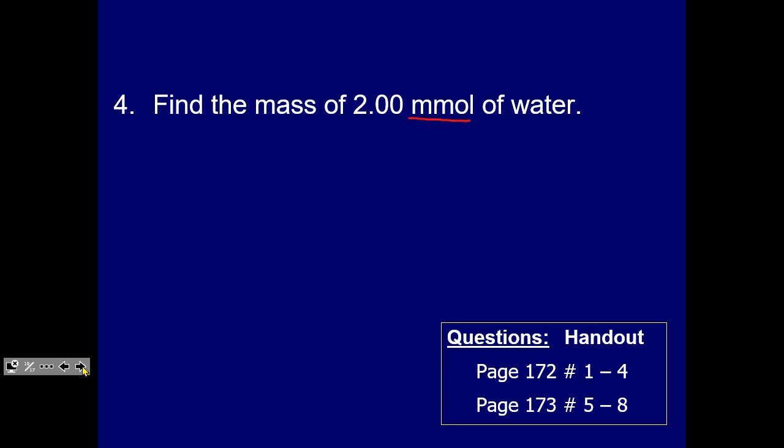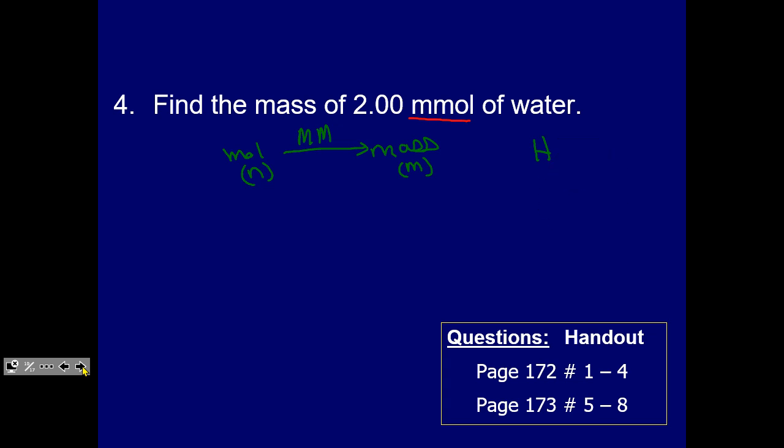Find the mass of. My setup is always the same. I'm starting with moles. Technically, I'm starting with millimoles, but that's okay. The milli just means a tiny number, 10 to the negative 3. I need a molar mass. Nice, this is water. Whoops, that is not the formula of water.